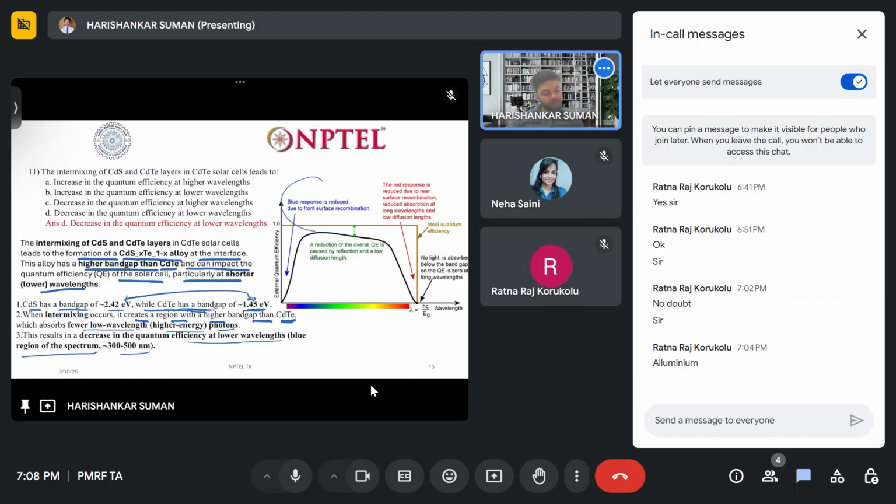This is the blue region response and this is the red response due to rear surface recombination. Beyond the bandgap, matter doesn't absorb any light. So this is a bandgap dependent question. Okay.